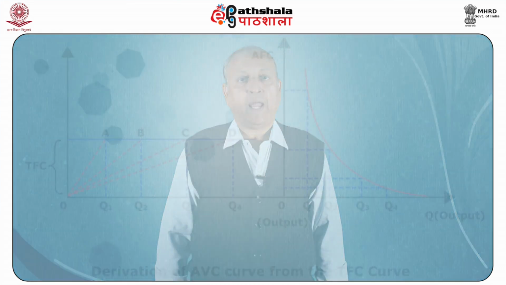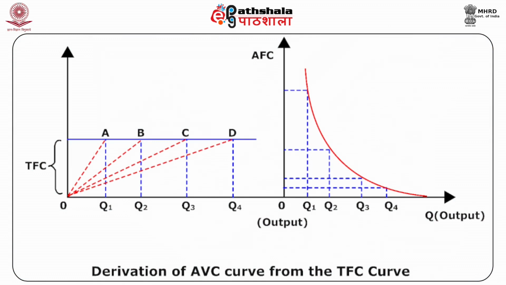So as the output increases from Q1 to Q2 to Q3 to Q4, if you draw a ray from the origin which touches a point on the total fixed cost curve, such as point A for the quantity being Q1, then what we could see is that the slope of this line would have AQ1 as the numerator, which is the total fixed cost, divided by OQ1, which is the denominator, which is the quantity.